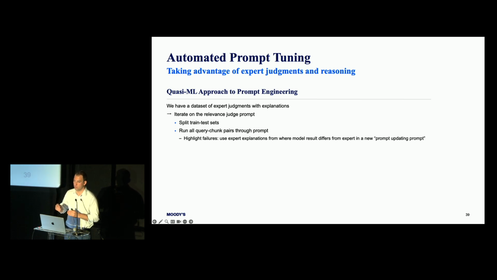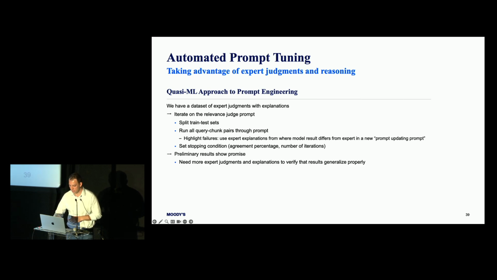So we have the query-chunk pair with an explanation of why it's wrong. Then we use another tuning prompt to change our relevance judgment prompt and iteratively recreate and update it. Make sure that you set a stopping condition, like a number of epochs. You don't want this to run indefinitely.